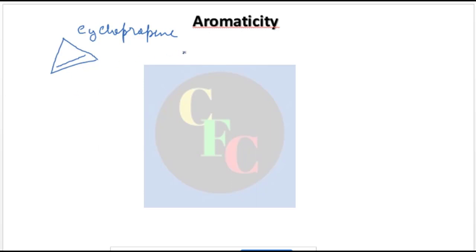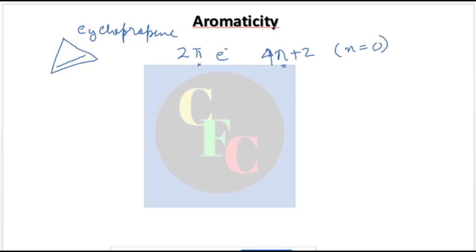So 1 pi bond, that means there are only 2 pi electrons. What is this? 2 pi electrons. That means in which category does it fall? Of course it falls in 4n plus 2, right? n equals 0. So this is a 4n plus 2 system.